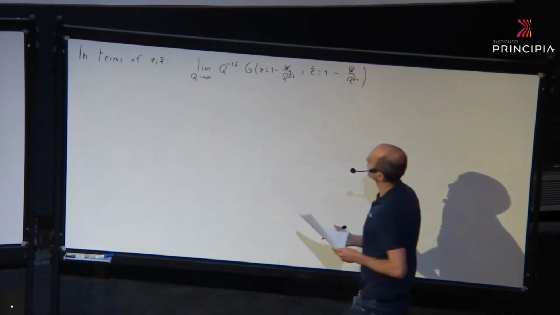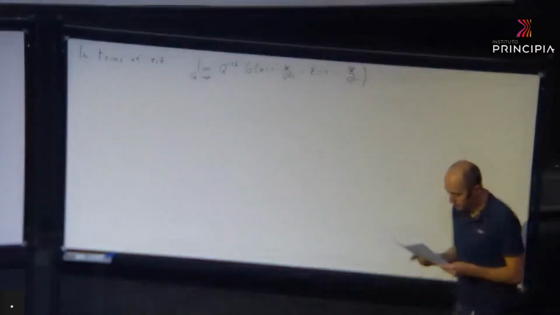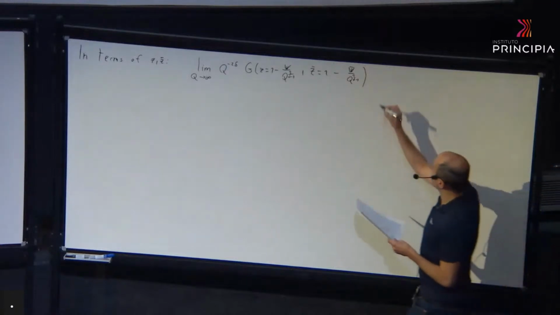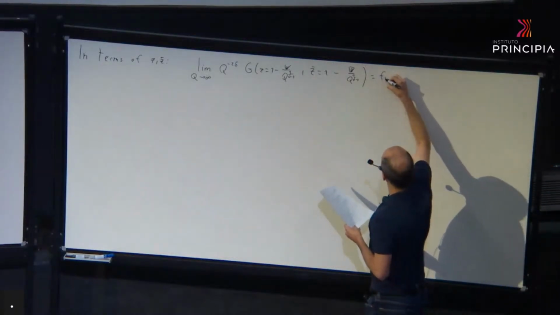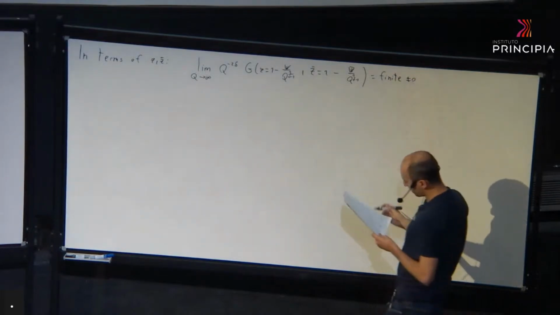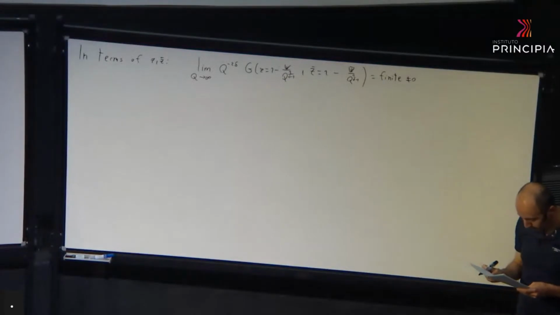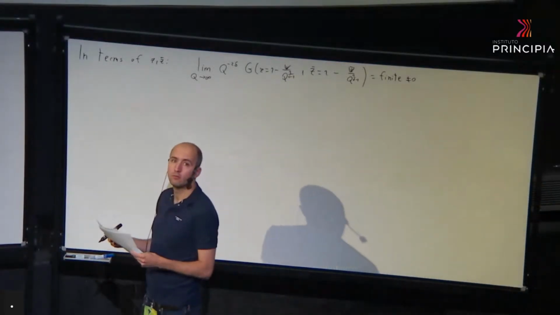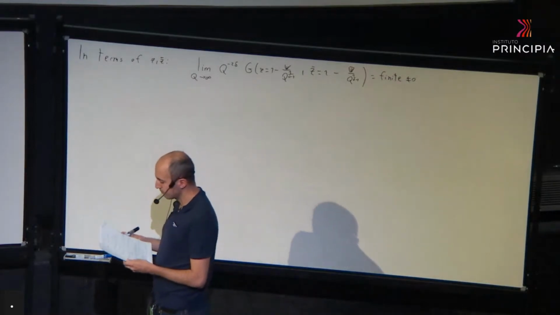I think in this audience everybody knows what z, z bar are, so I don't need to define them. And of course the limit is finite, and non-zero. That's the statement.